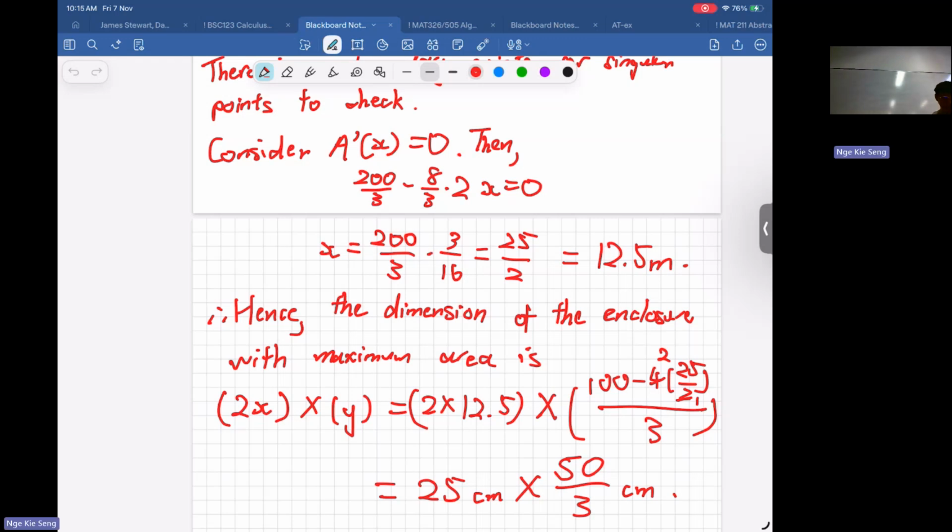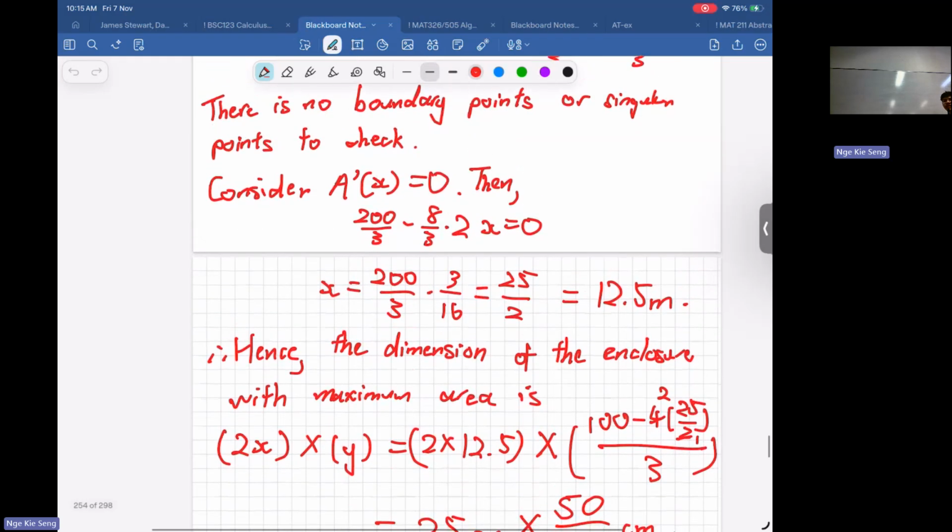Okay. Hey, something I missed in this calculation. What do you think? I just checked stationary points. What do I miss here? I straight away deduce the maximum solution.